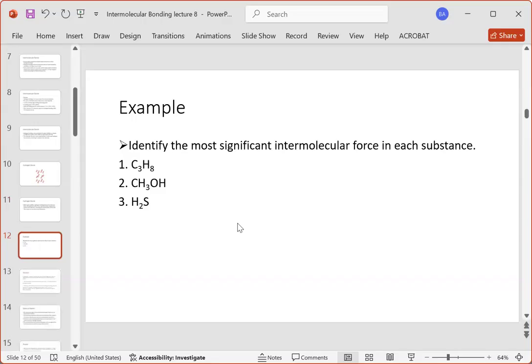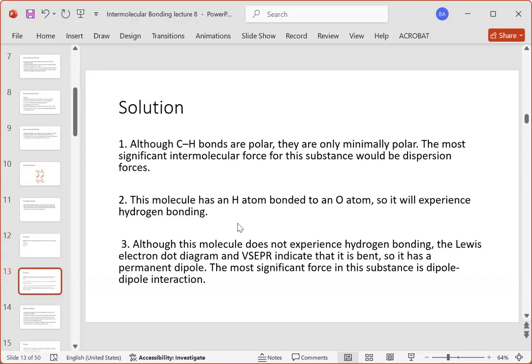So identify the most significant intermolecular forces in each substance: C3H8, CH3OH, and H2S. Although carbon-hydrogen bonds are polar, they are only minimally polar. The most significant intermolecular force of this one is dispersion force.